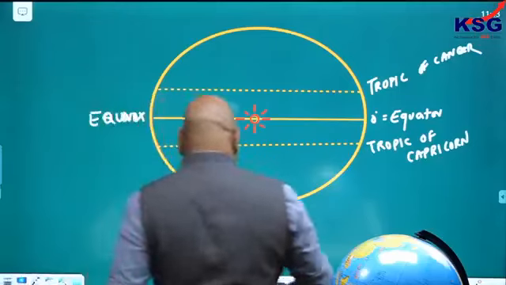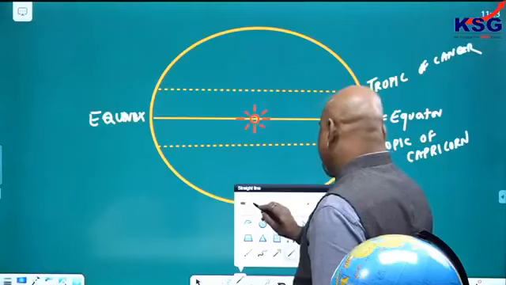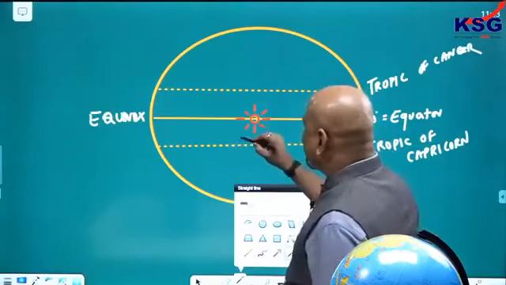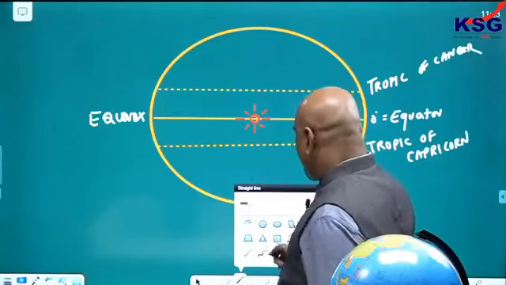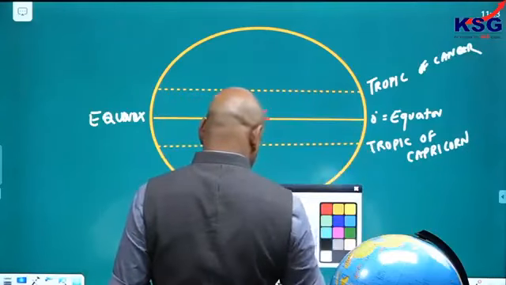Right, here what happened in this case, the movement of the sun. If you look at the track of the movement of the sun, at three places you will get them, as we have already seen.